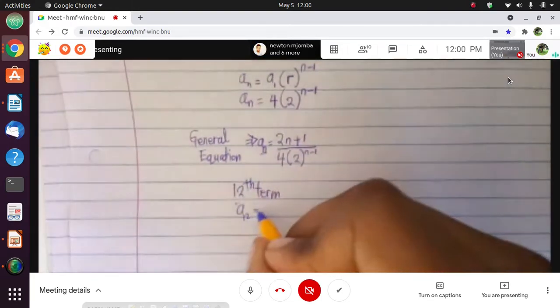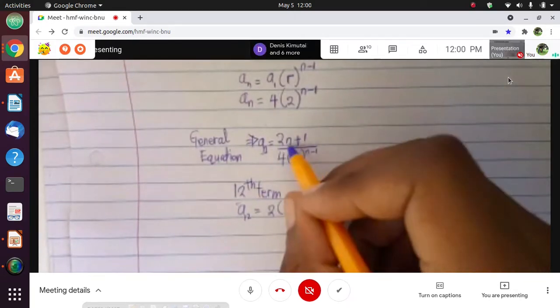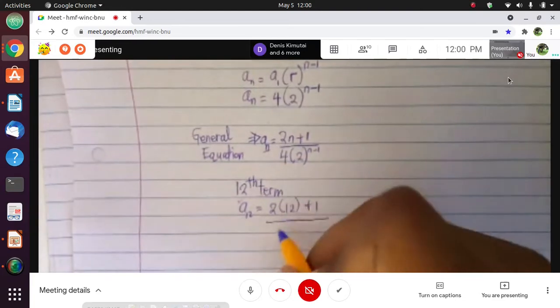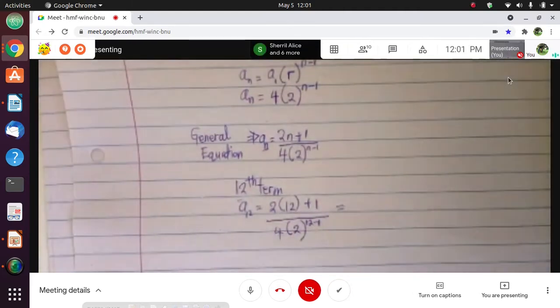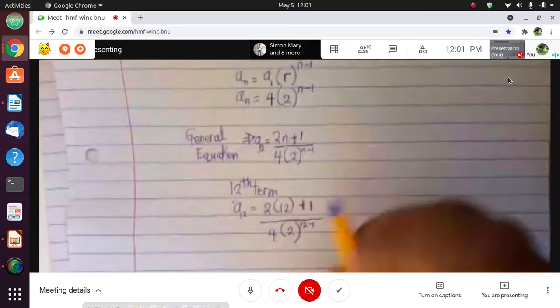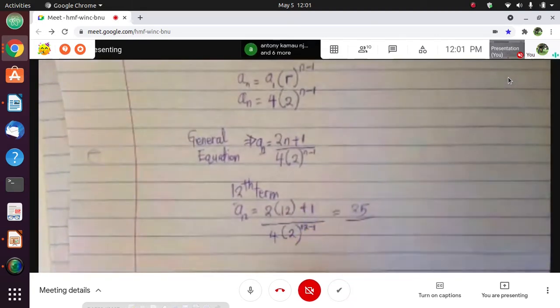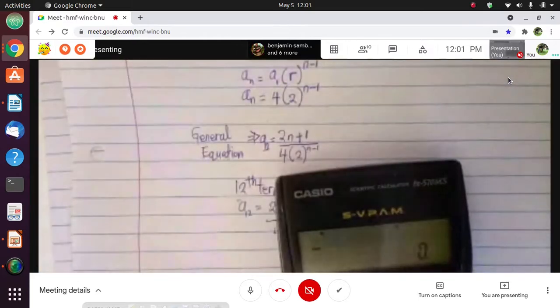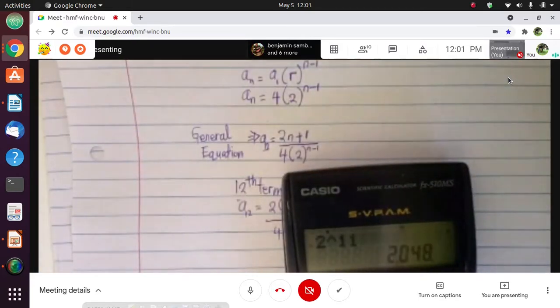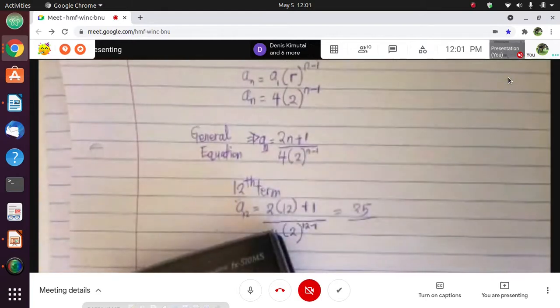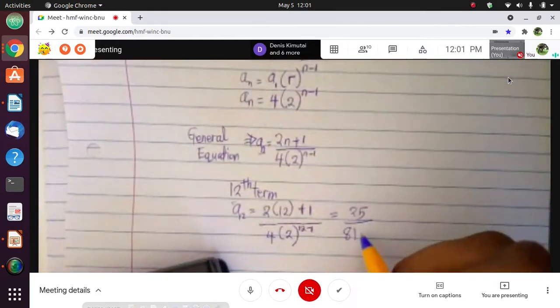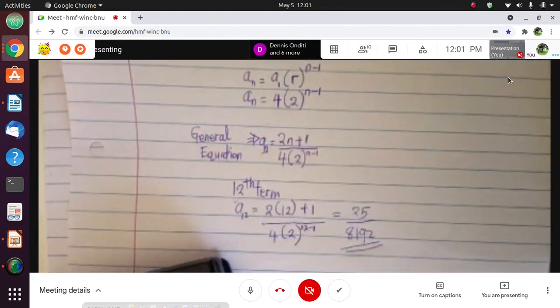So A12 will be given by 2 multiplied by 12, plus 1, over 4 times 2 raised to 12 minus 1. 12 times 2 is 24 plus 1 gives us 25, divided by 4 times 2 raised to power 11. 2 raised to 11 gives us 2048, and multiplying it by 4 gives us 8192. That will be the 12th term of this sequence.